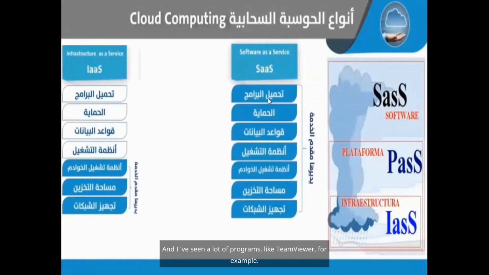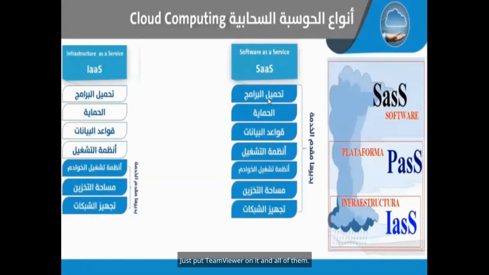And I've seen a lot of programs, like TeamViewer, for example. Just put TeamViewer on it, and all of them. So here you are, just a user, just like Google Drive. You go to Google Drive, you didn't set up a network, nor did you create storage space. It provided you with storage space, everything.